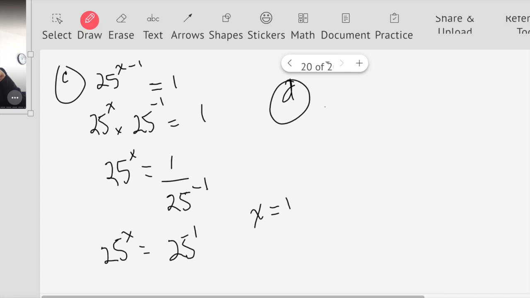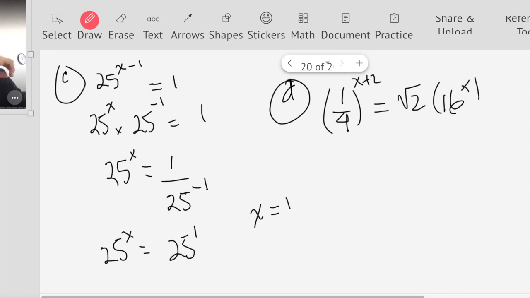This one is a little more complicated, but still the same steps. (1/4)^(x+2) equals the square root of 2 times 16^x. So we want to write everything with base 2.